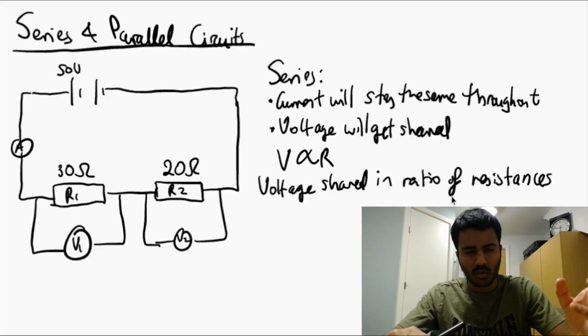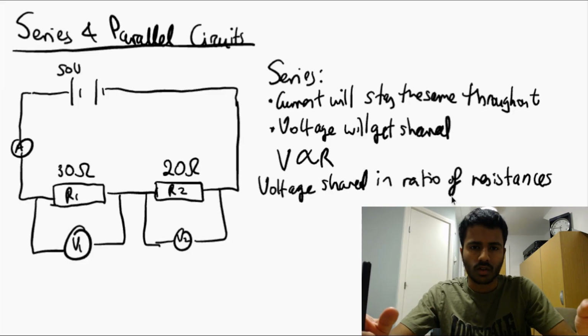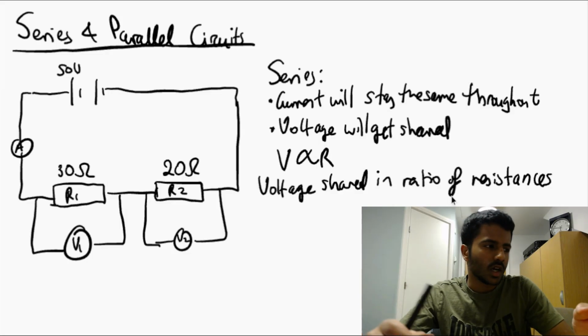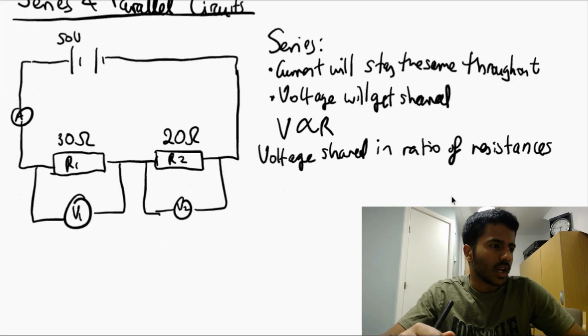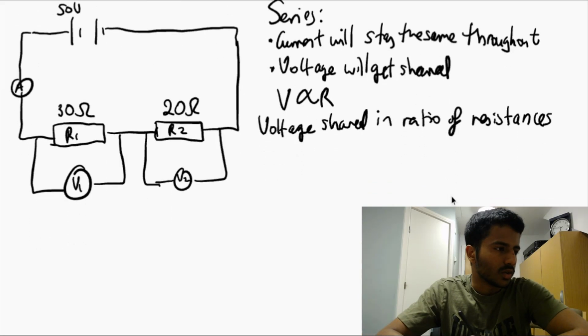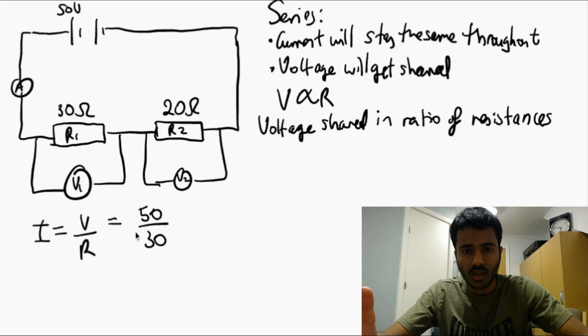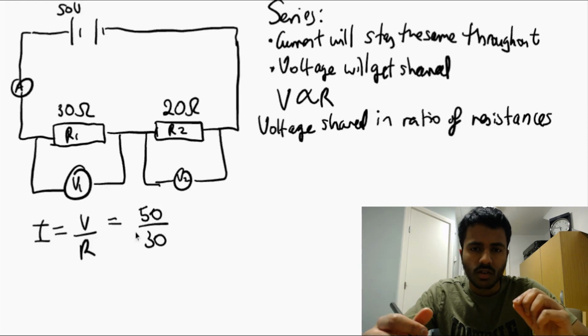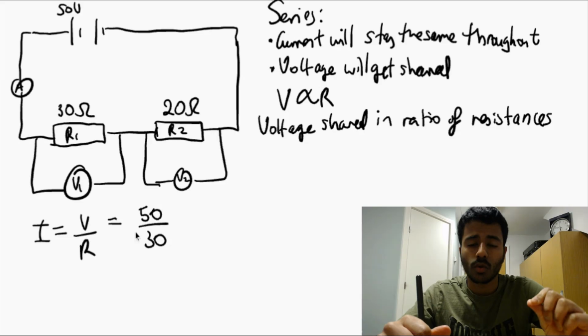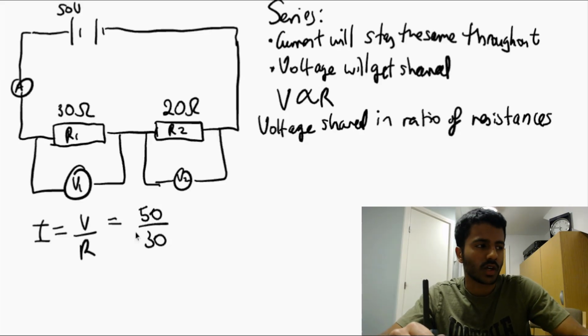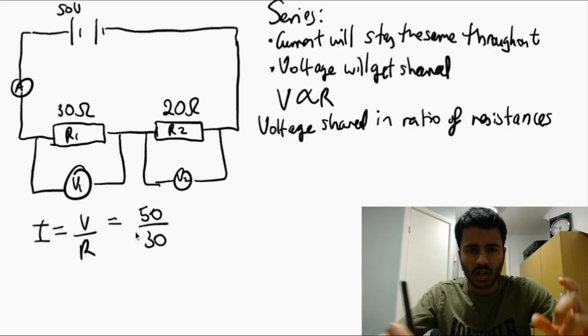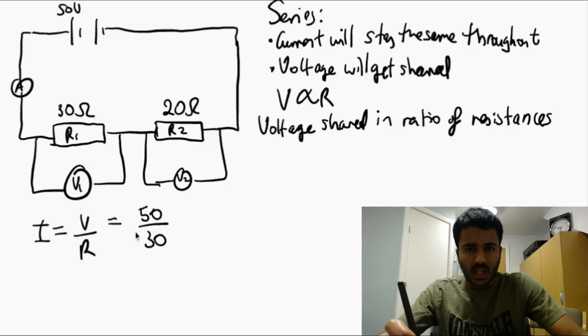Now, if I asked you to work out the current flowing through the circuit, you might think, okay, let me use V equals IR, so I is therefore equal to V over R. Well, the total voltage is 50, and we know one of the resistances is 30 ohms, and you might think that's your current. That's a very common mistake, more common than you actually might believe. And in this case, you might realize, okay, that's quite easy. But as circuits get a little bit more complicated, these mistakes can easily happen.